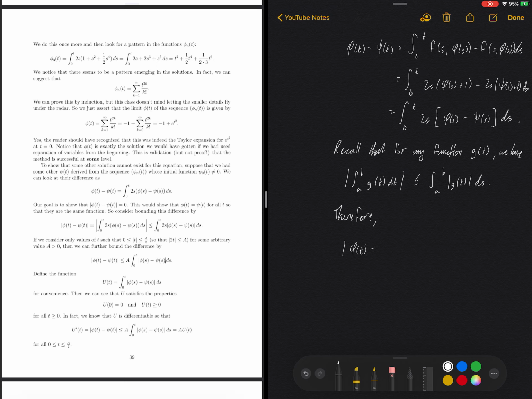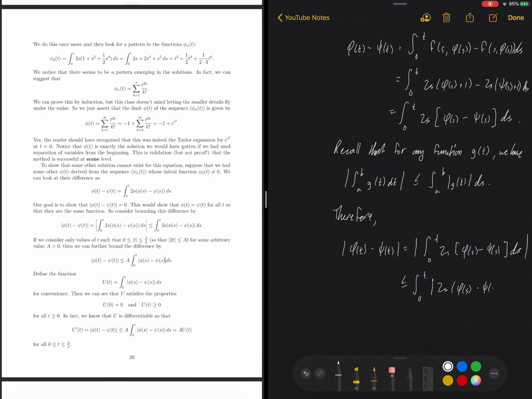Okay, so we definitely have this, and as we apply this in context, therefore, the absolute value of phi of t minus psi of t is definitely, remember, from above, the absolute value of the integral from 0 to t of 2s times phi of s minus psi of s, and finish the absolute value.